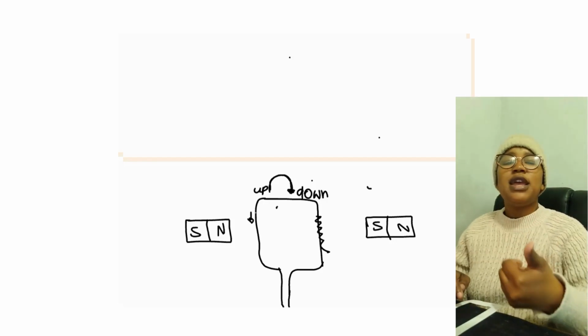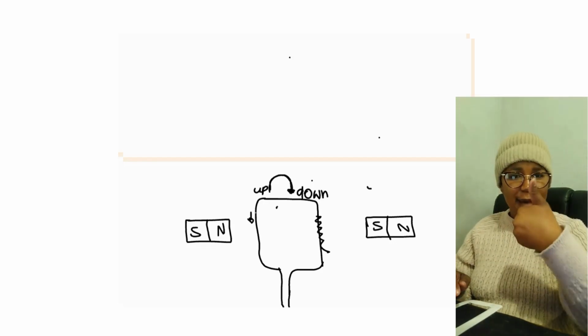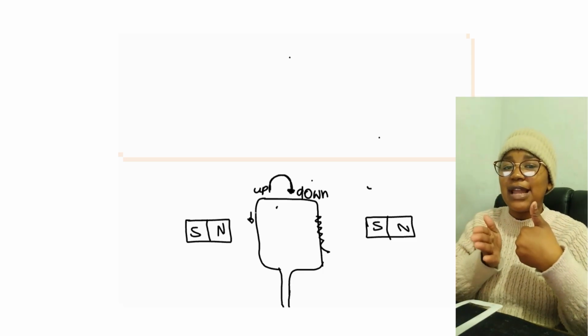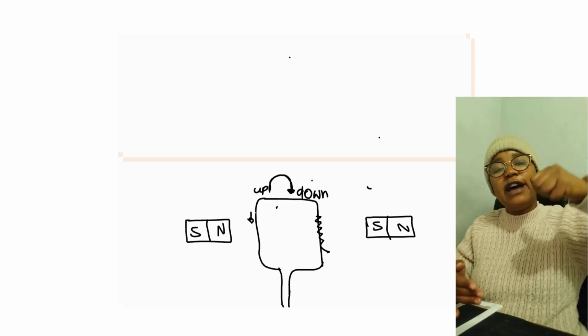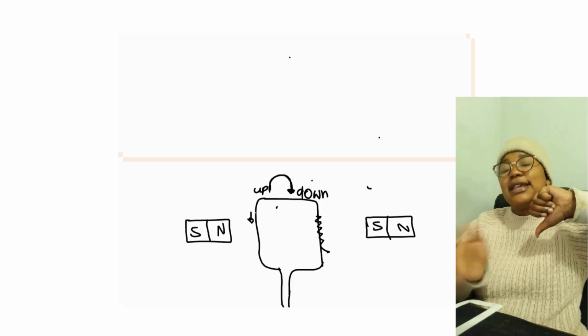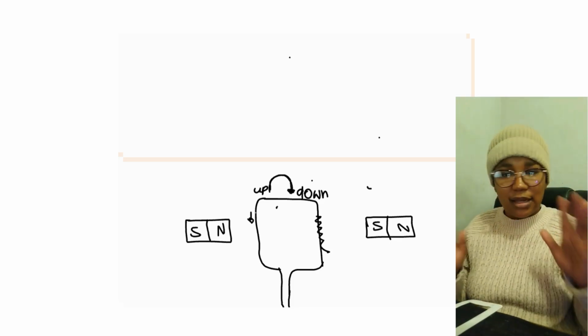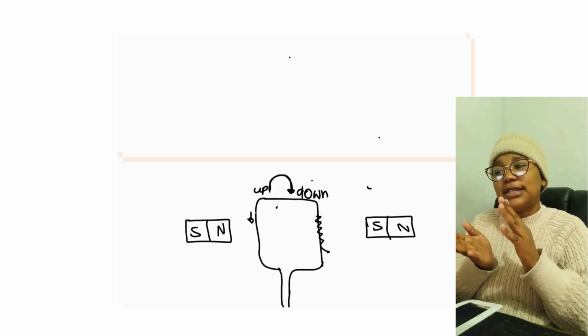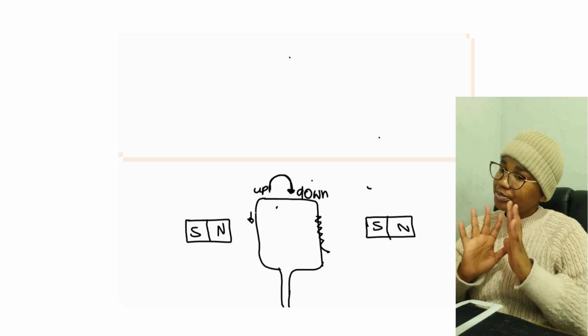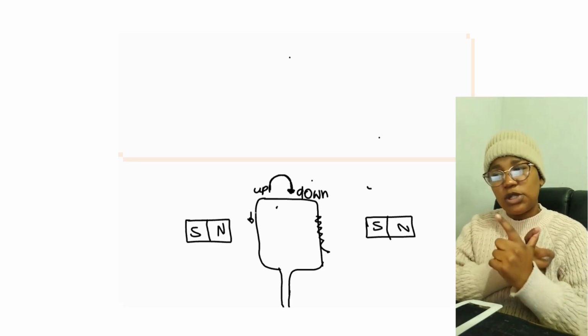Same with your thumb. If you find your thumb facing up, it means that side is going up. If you find your thumb facing down, it means the side is going down. So that's how your thumb is going to tell you whether the side is going up or down. Okay? That is with this one.